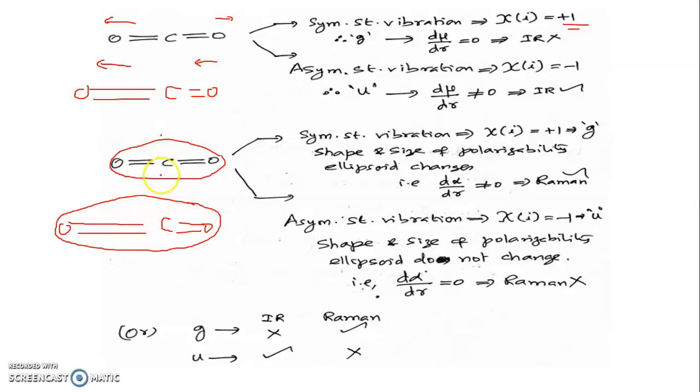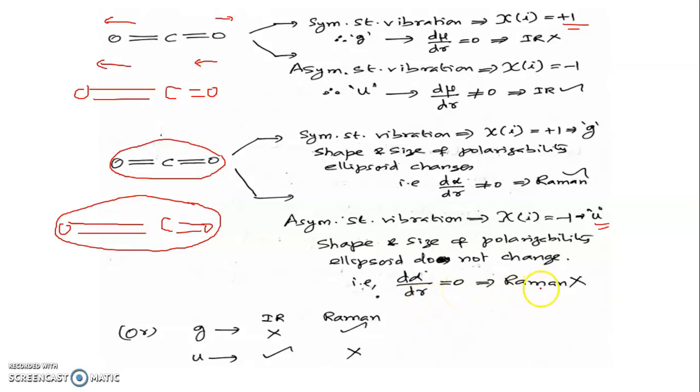Now if you check the size, in the diagram I have not drawn it in a perfect manner, but if you analyze the size of the ellipsoid, the sizes are actually equal. So shape and size remain as such. Therefore here the change in polarizability is 0. So the asymmetric stretching vibration belongs to ungerade, and in ungerade vibration, the change in polarizability during vibration is 0.